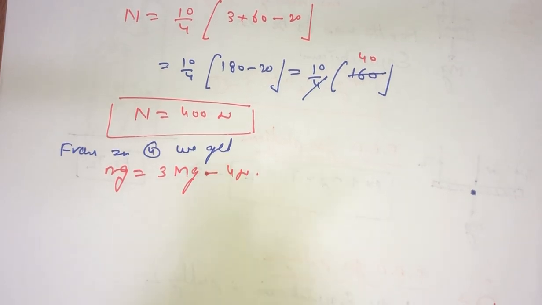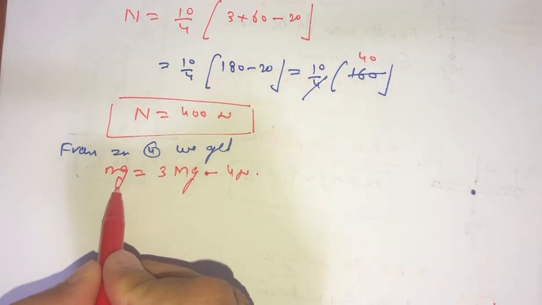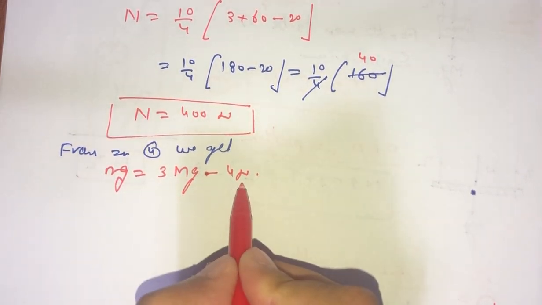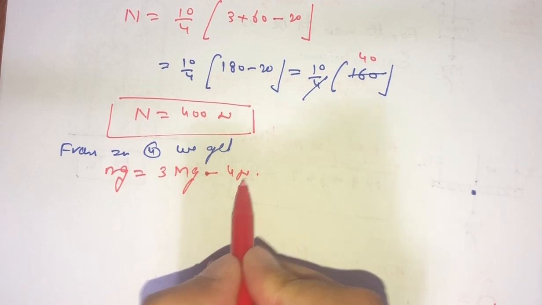Now we want the maximum weight of the platform. Okay, so mg is nothing but the weight of the platform. So mg will be maximum when normal will be minimum.